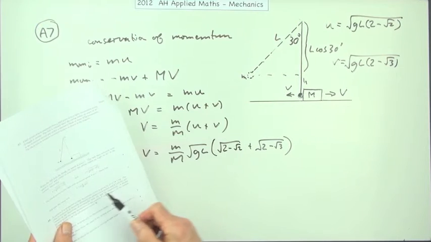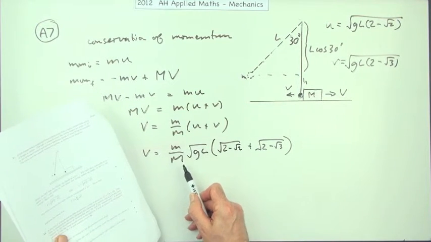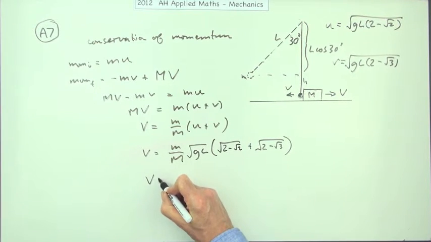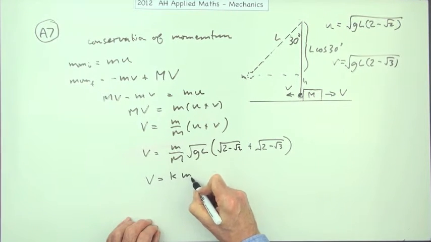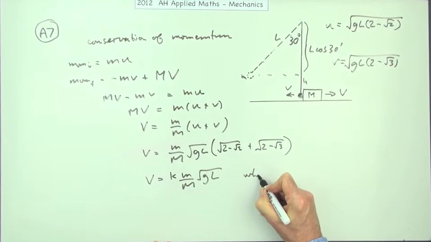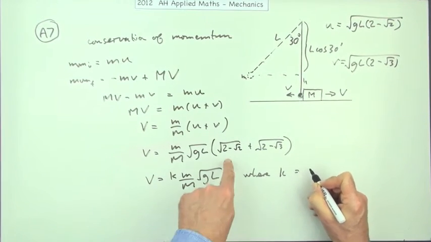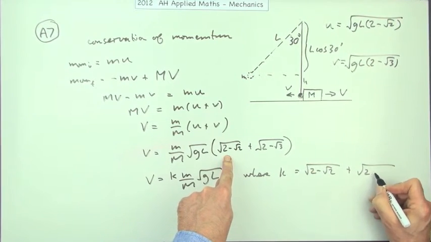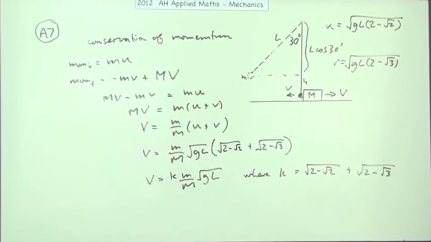It says, show that V equals this part, but with a k at the front. So V must equal km over M root gL, where k equals the square root of 2 minus root 2 plus the square root of 2 minus root 3.